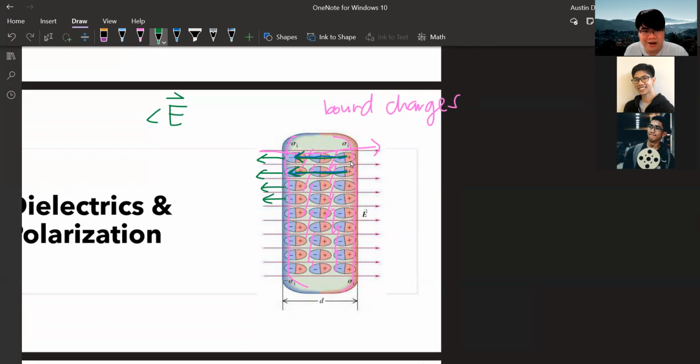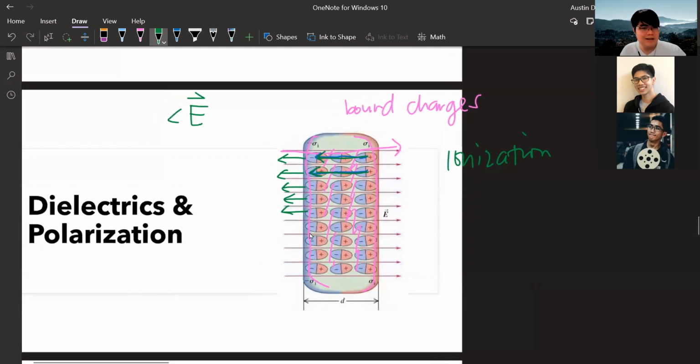So kapag kumawala, ano ibig sabihin? They would be ionized. Ionization. Okay, so to ionize something, you just put it in a strong electric field. Okay. And then the electrons would get ejected from the molecules. Amazing, di ba?